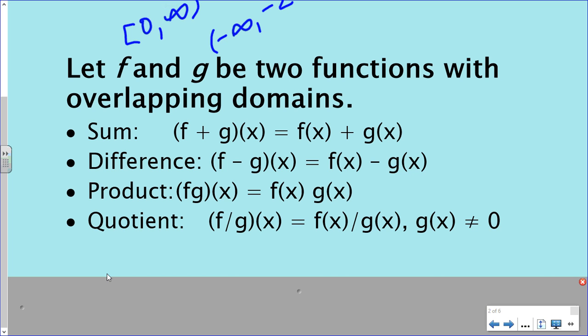This is how the problems will be presented to you in your homework tonight. So don't let the notation throw you off.